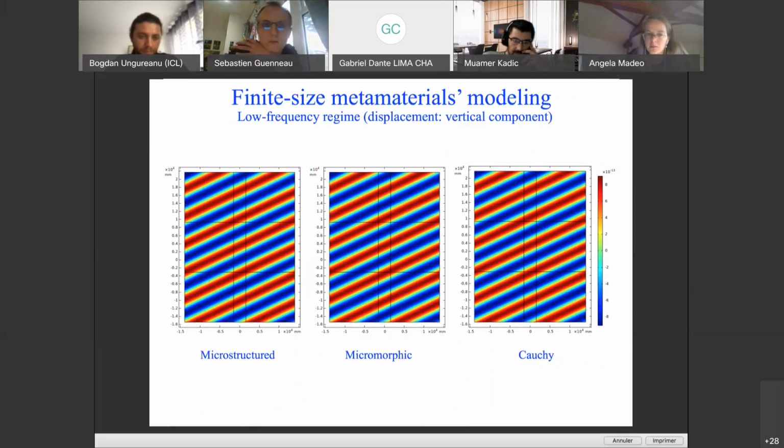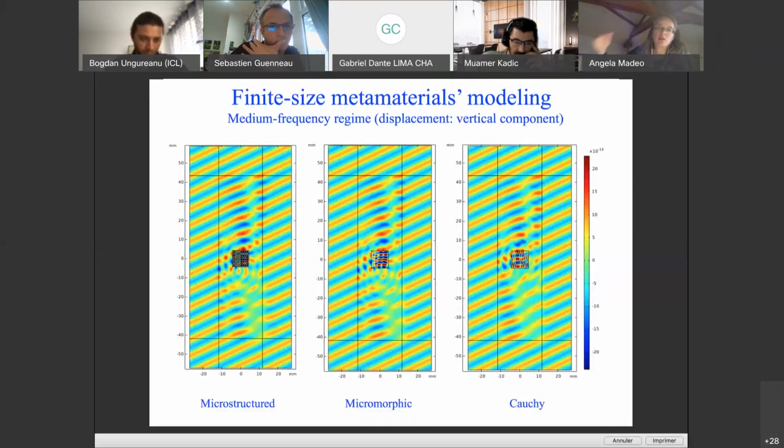You cannot see the sample, it is somewhere here, but at very low frequencies, no perturbation of the incident wave. If we go higher, so here we are at medium frequency before the band gap, we see the microstructured and the micromorphic. Cauchy is still good, but it begins to deviate a little bit.